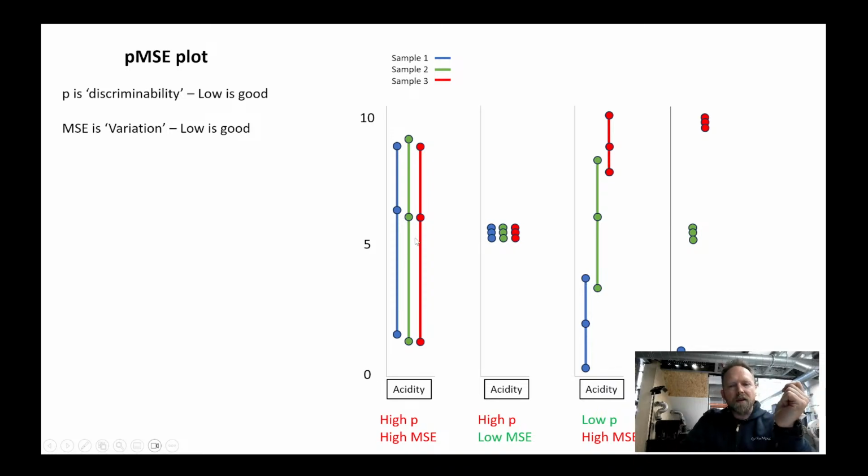So the p-value is the value that assesses if the person is scoring the different samples differently per descriptor. It's very important that the person is consistent. Every time the same person gets the same sample, scoring the same descriptor, the person should score it the same. But when the same person gets another sample, the same descriptor should be scored very differently. So there are 2 different skills. There's discriminability and variation.